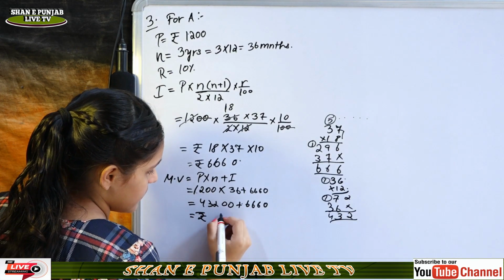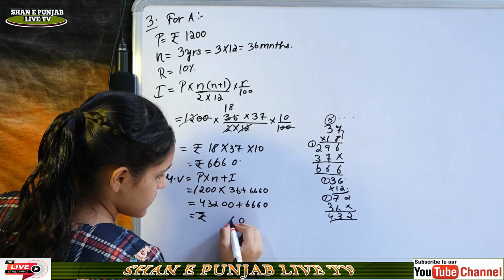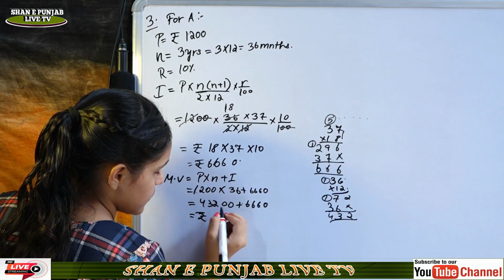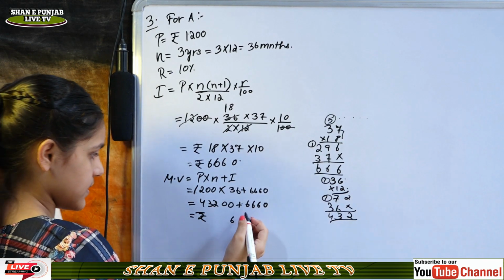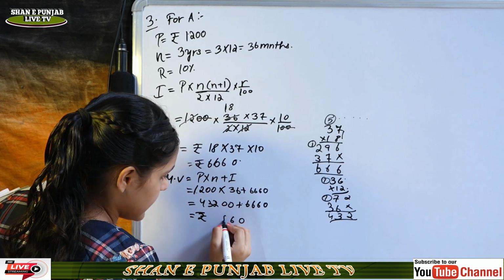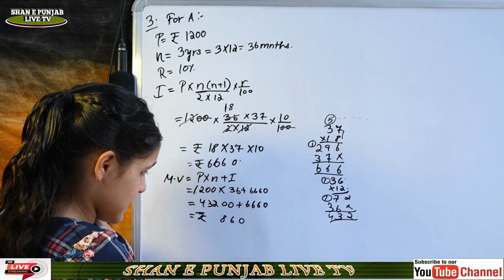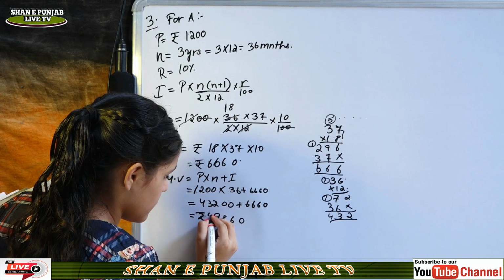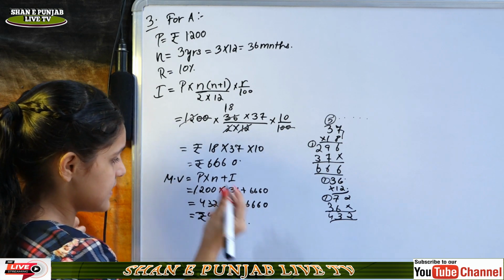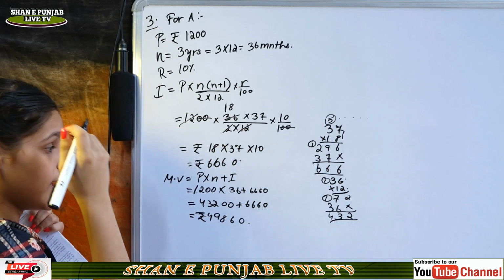We get 0, 2 plus 6 here is 8, 3 plus 6 is 9, 4 9 8 6 0, MV we get for A.